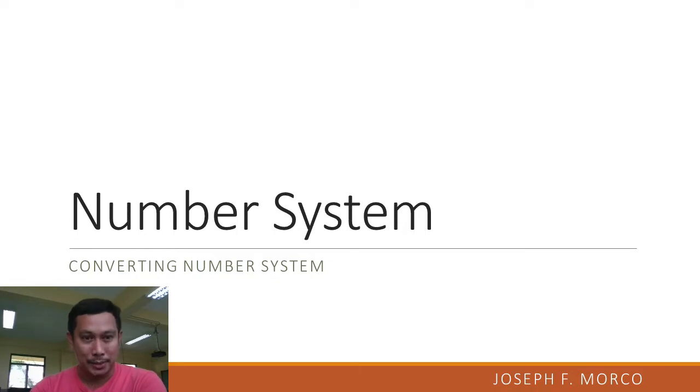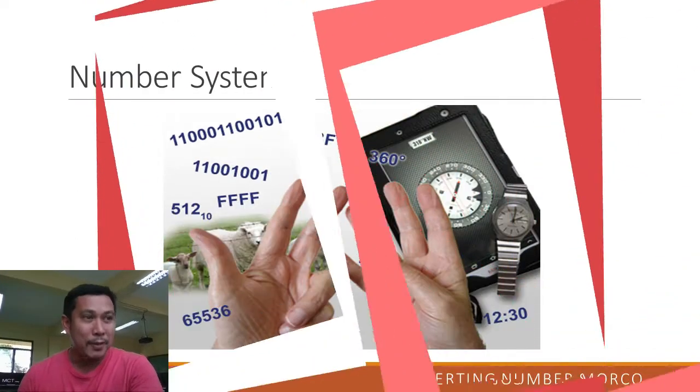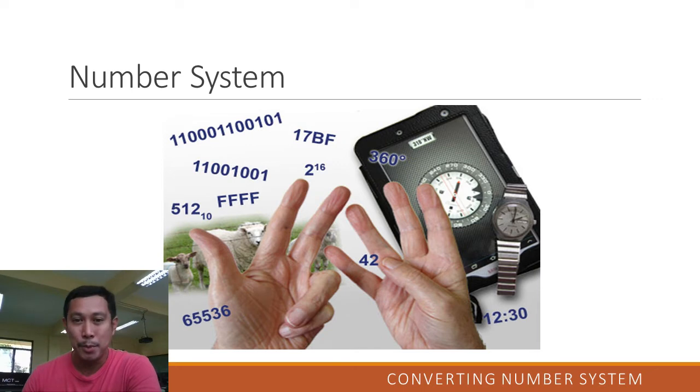What is a number system? Previously in our lesson video, we talked about number systems, that it is a technique to represent numbers in the computer architecture, in the computer system. Every value that you are saving, every text that you are saving, every graphic that you see, getting into or from a computer memory has a defined number system.